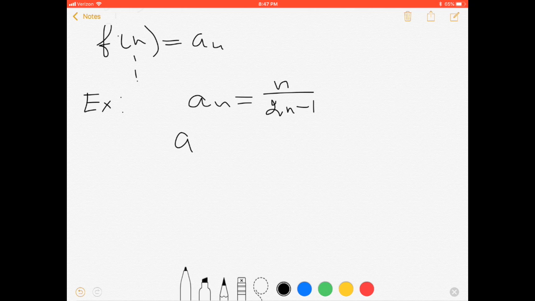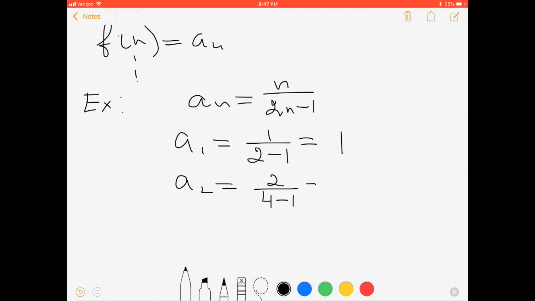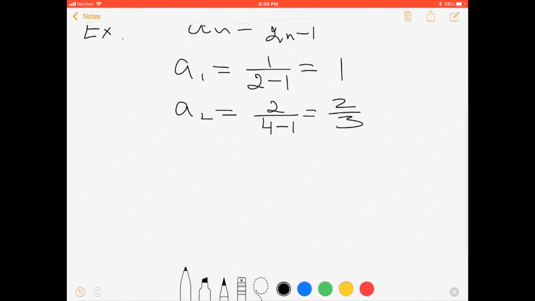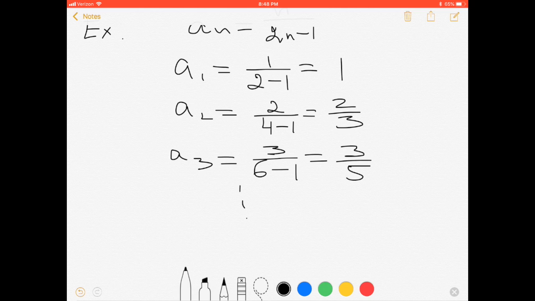This means the first term will be 1 over 2 minus 1, which is 1. The second term will be 2 over 4 minus 1, which is 2/3. The third one will be 3 over 6 minus 1, which is 3/5, and continue. You can compute any element when you want.